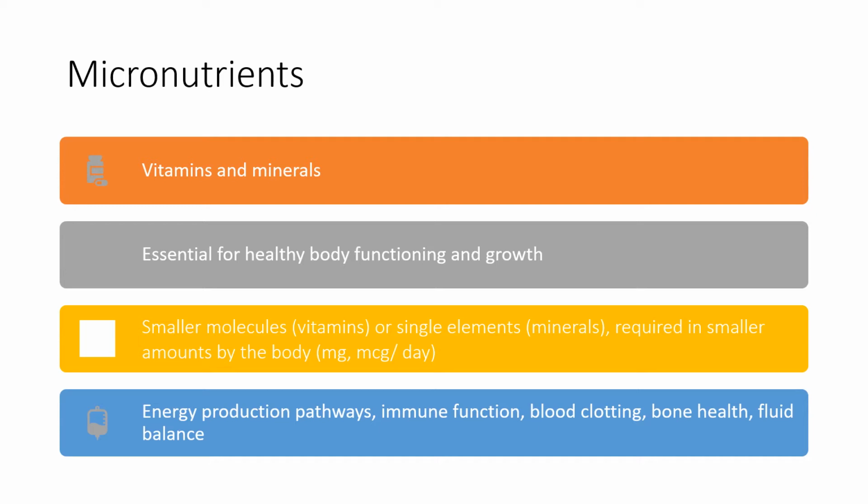In terms of functionality, micronutrients are essential for normal and healthy body functioning as well as growth and development. Some examples might include energy production pathways, the immune system, blood clotting, bone health, fluid balance. We'll see some more examples later on.